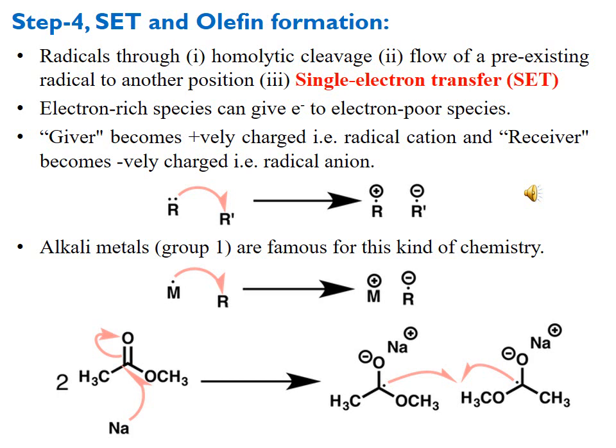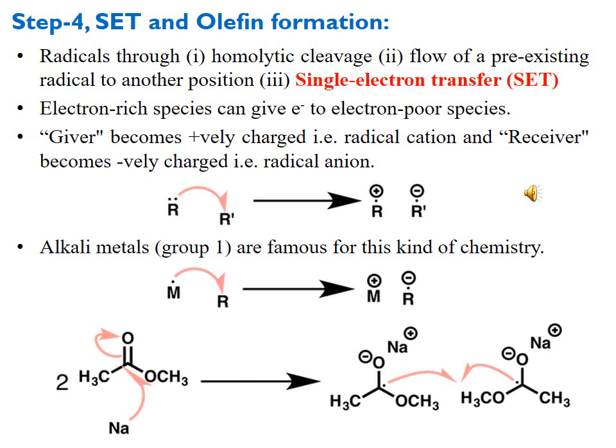Single electron transfer, as you can understand by this word, means the transferring of one electron from one species to the other species. The electron rich species gives the electron to the electron poor species. The electron rich species, the giver of the electron, becomes positively charged, that is, it becomes a radical cation, and the receiver, which is gaining the electron, becomes negatively charged, and it is called a radical anion.